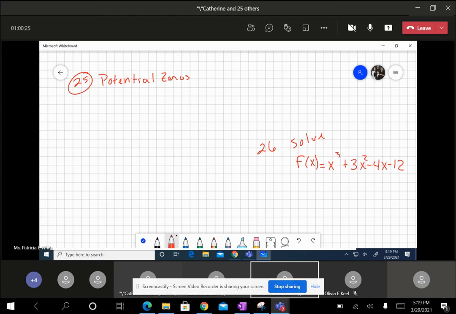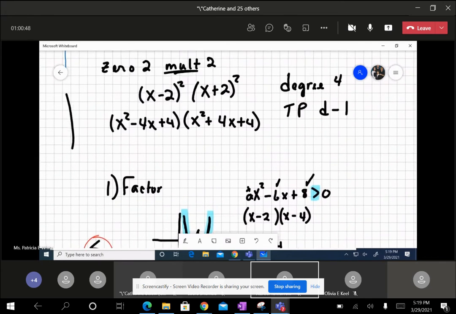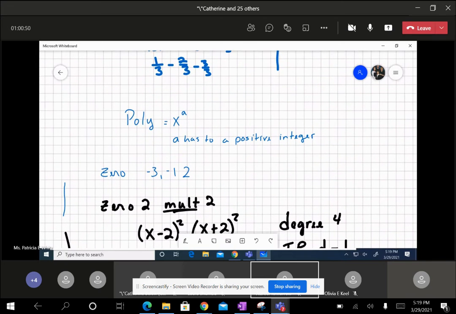Is there anywhere else that you have any questions on the 420? Yes, ma'am. Numbers 11 through 14, state whether it's a polynomial or not. What I am looking for on 11 through 14 is exponents. If it's a polynomial, my exponents are going to be positive integers. So on 11, I've got a 4, a 3, and a 0, so yes, and it's going to have a degree of 4.